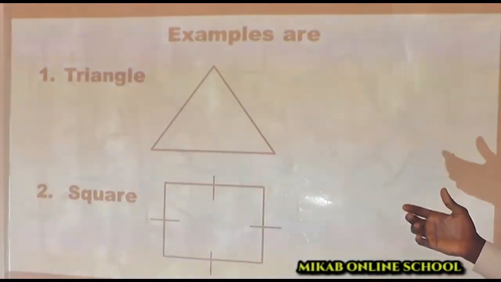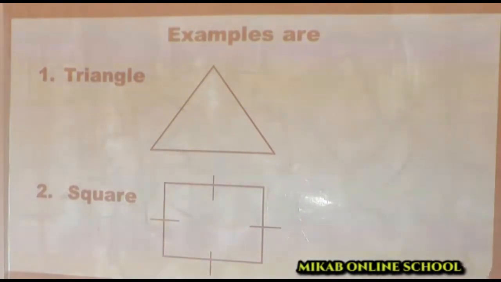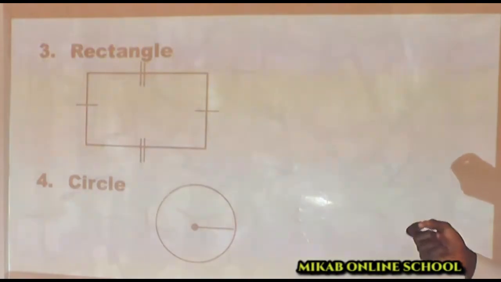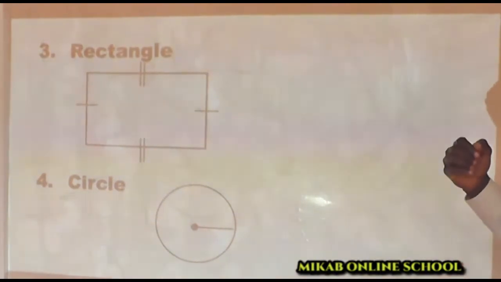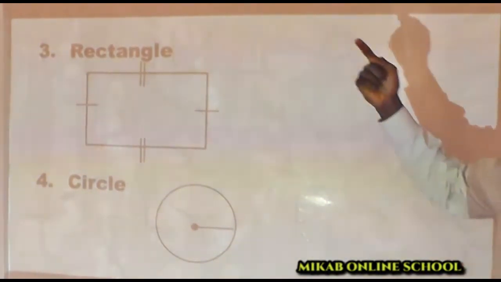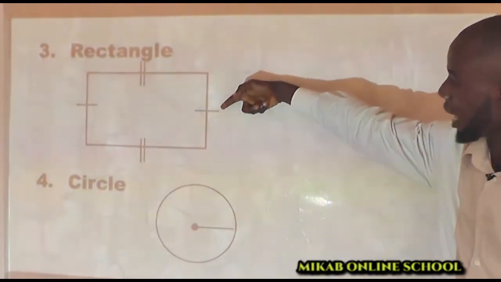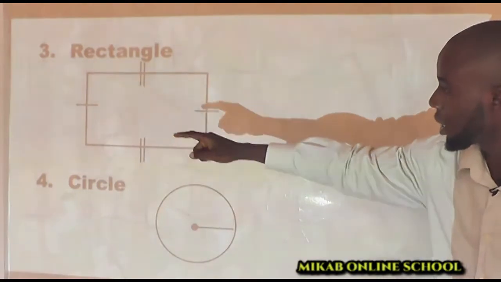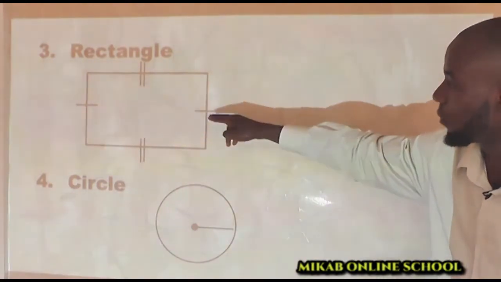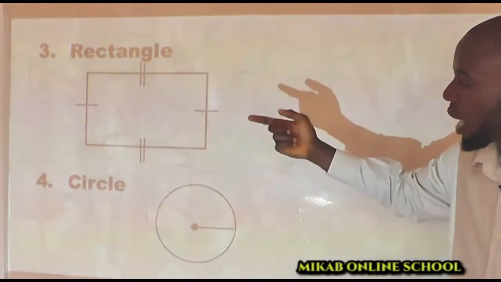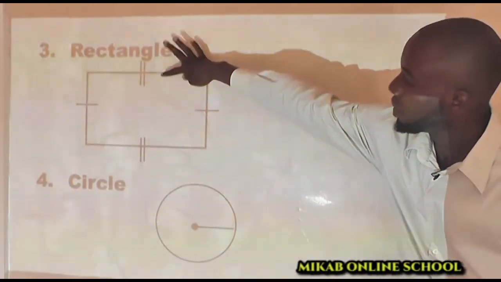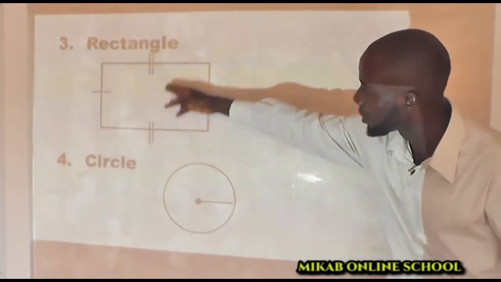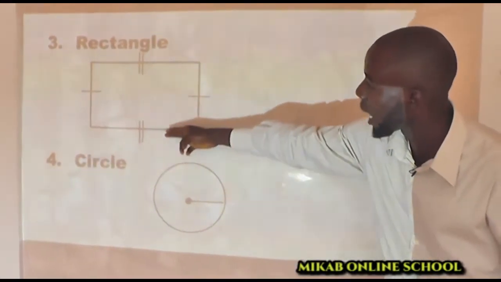Next examples that we are going to look at among the plane shapes are the rectangle and circle. In the case of the rectangle, the opposite sides are equal. The single line here and another single line at the other side show that the two of them are equal. The double line at this point and another double line at this point show that those two are also equal.